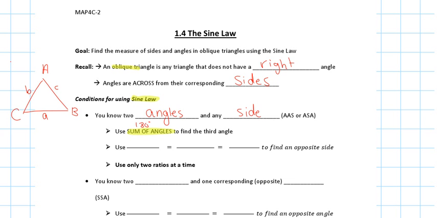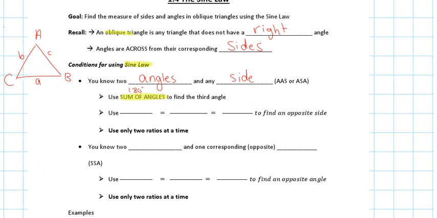So this is when you have two angles and a side, and you're looking for the third side. You're going to use side a over sine angle A is equal to side b over sine angle B, and is equal to side c over sine C. This is what the sine law is.